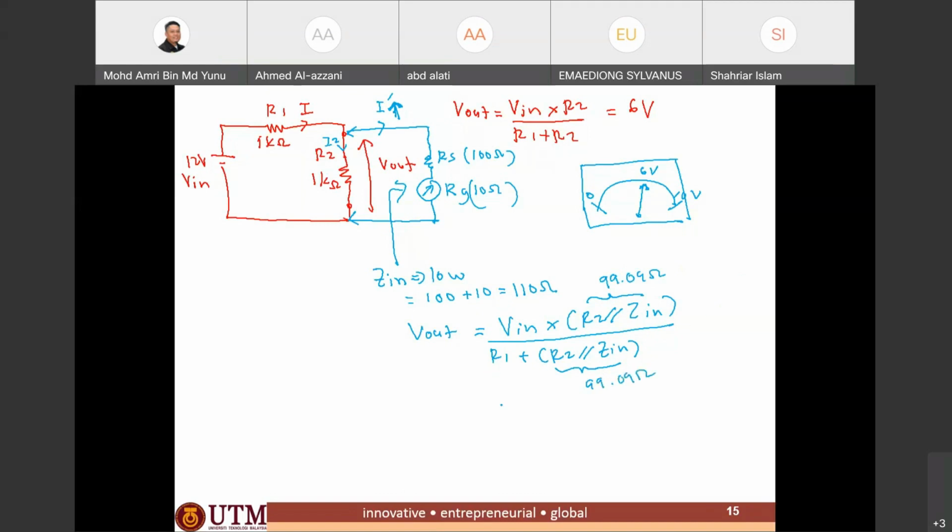So V out, we call it V prime when the voltmeter is attached. So that 6 multiplied by 99.09 divided by 1k plus 99.09. Not 6, 12, sorry.